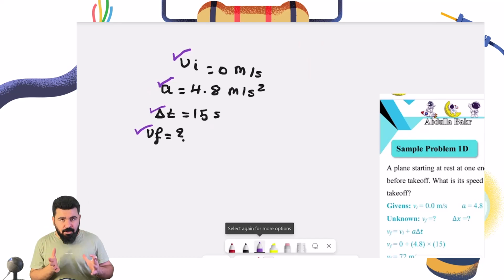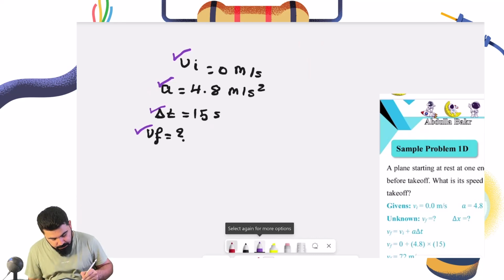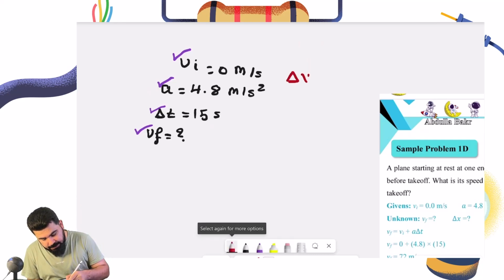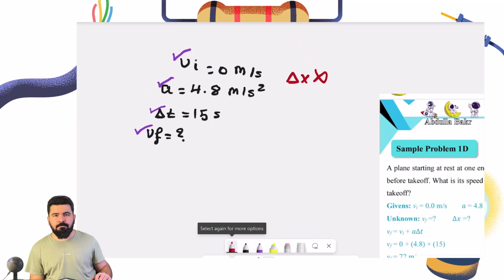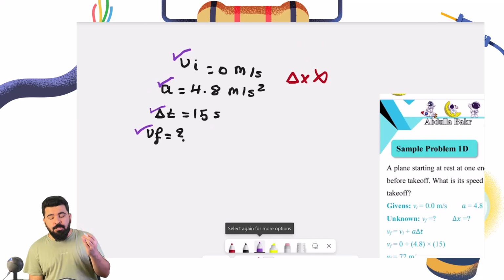We need to figure out what physical quantity that we have studied until now is not being mentioned. So we have V final, V initial, acceleration, and delta t. Please think about it. What physical quantity is not mentioned here? Delta x is not mentioned.